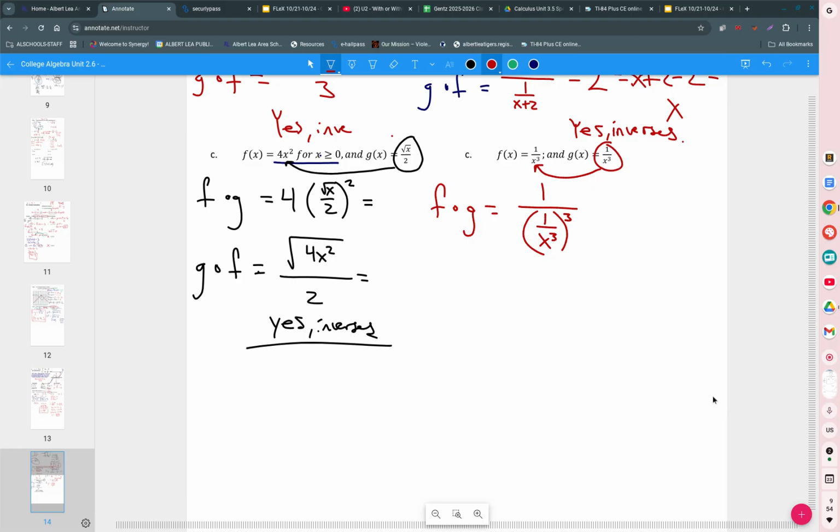What do I do first? I cube the bottom, right? What do you get if you cube the bottom? 1 over x to the 9th. And what's the reciprocal of 1 over x to the 9th? x to the 9th. Did we get x? No. They are not inverses of each other.